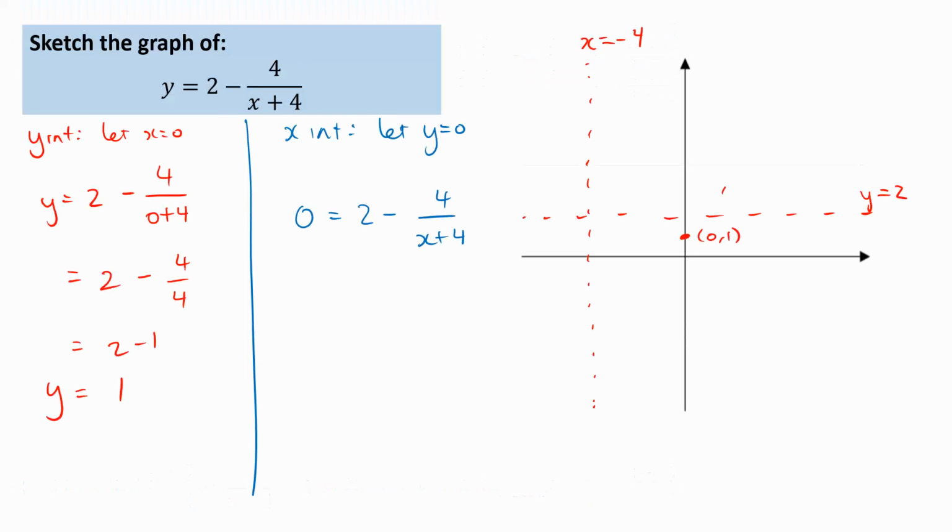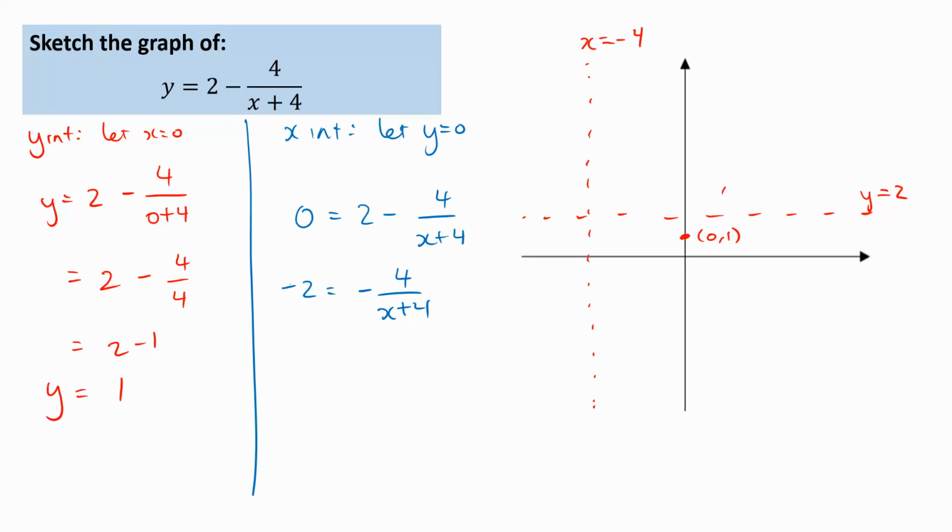I've got 0 equals 2 minus 4 over x plus 4. See that 2 there? Get rid of those terms first. Leave the fractions to last. Get rid of any other things that are in front. I'm going to minus 2, the opposite of plussing 2. Minus 2 on both sides, I get negative 2 equals negative 4 over x plus 4.